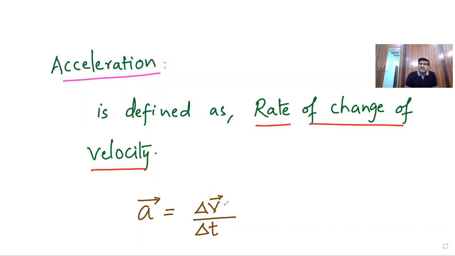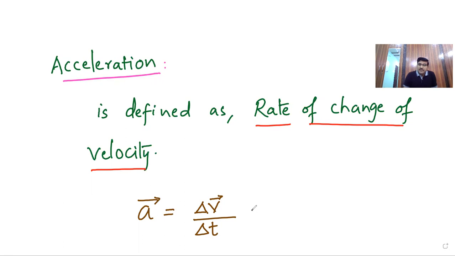Numerator is the change in velocity; delta stands for change. Denominator is the change in time. Change in velocity by change in time is nothing but acceleration.